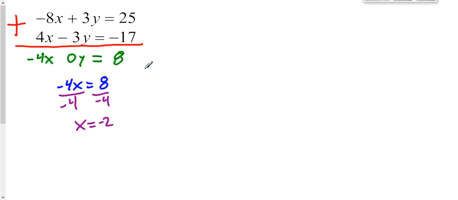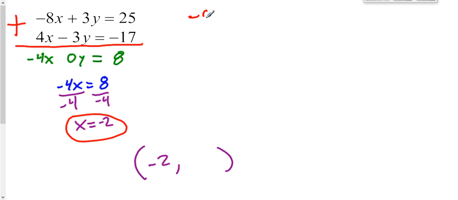Just like that, we have half of our answer, just like our systems before us. Now we have to use this to help us solve for the other one. We're going to choose either equation, doesn't matter which one, we're going to pick the one that looks easier. I'm going to pick the top equation because there's only one negative rather than two.